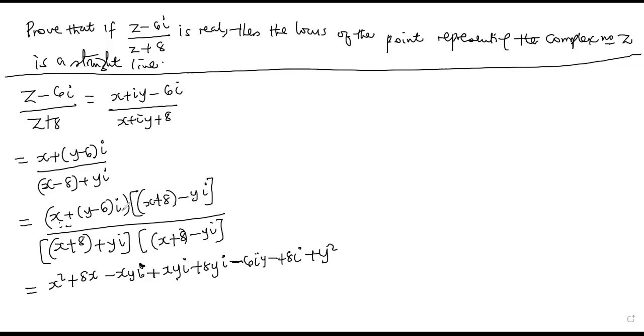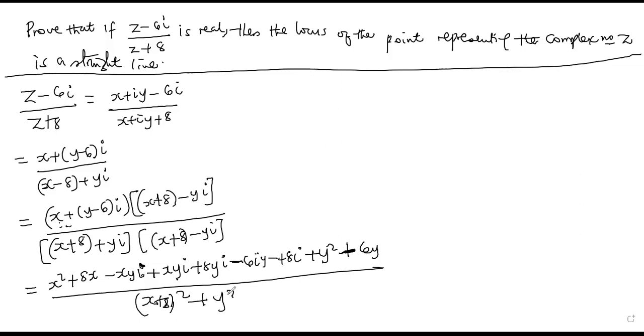So i times i is negative, negative and negative, so we shall have plus 6y, over, when you expand down, we get (x plus 8) squared, and of course plus y squared.